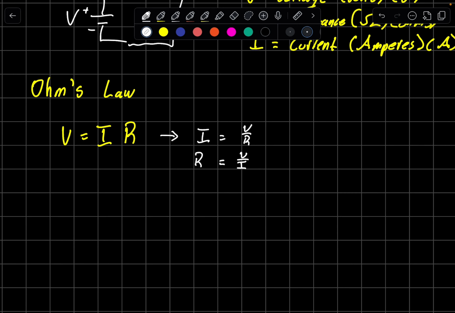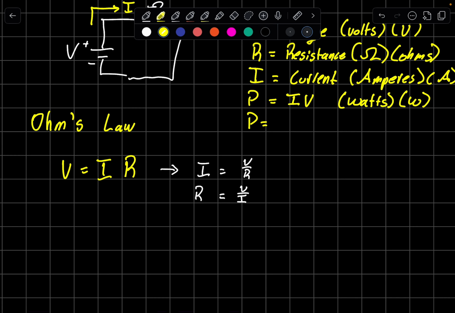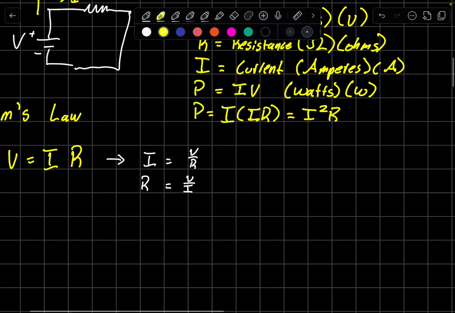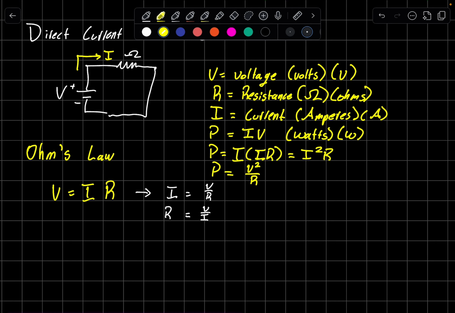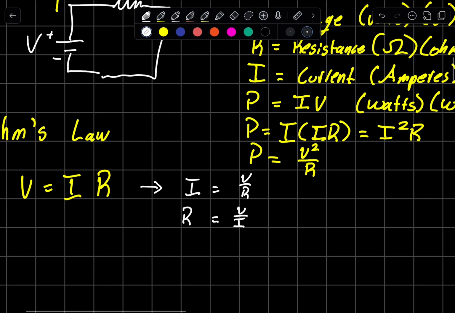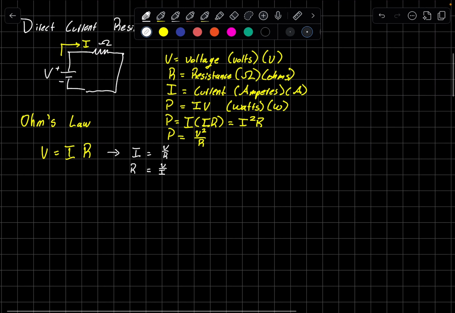If you substitute Ohm's law into this, like if you substitute IR for V, you get I times IR, which is I squared R. If you substitute V over R for I, you get V squared over R. You don't have to learn all of them. You just know the basic Ohm's law and the basic power formula, and you can derive the rest.